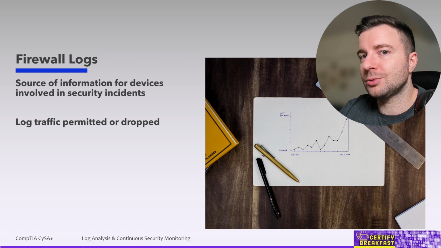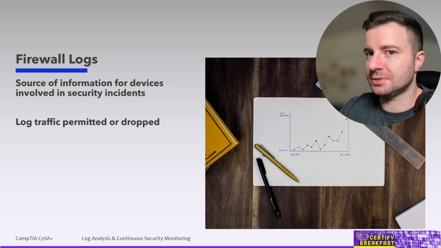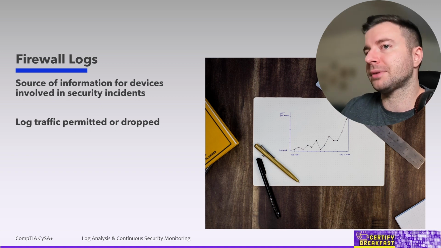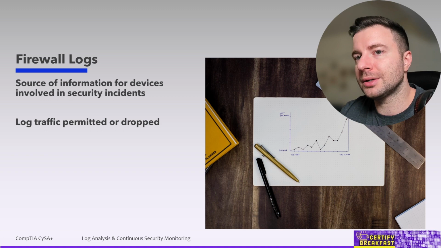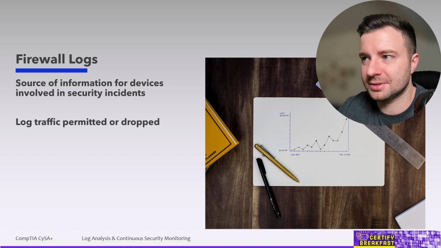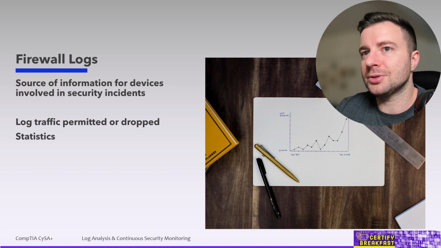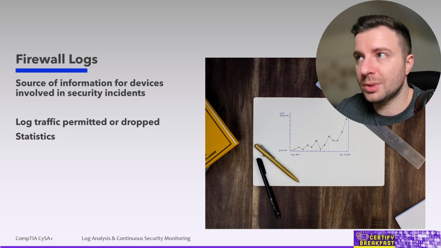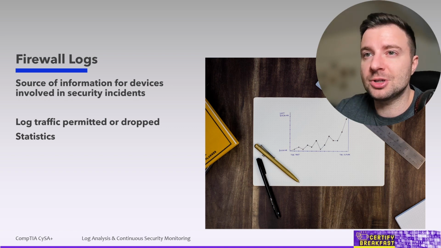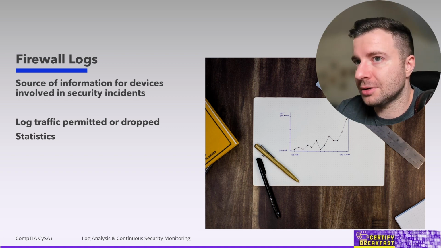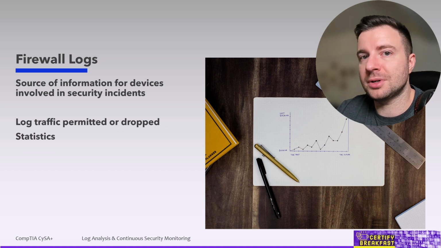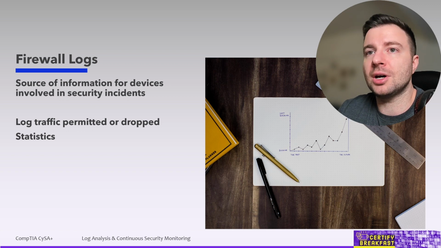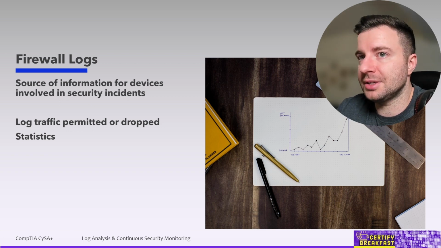Especially because we should be interested in the traffic that was dropped, first of all, and secondly, in the traffic that was permitted. So that's what would make sense to log as far as the firewall is concerned. Secondly, we also get the chance to look at statistical information, like the top protocols that were observed in the network, and the number of protocol anomalies, which might be indicating attacks.